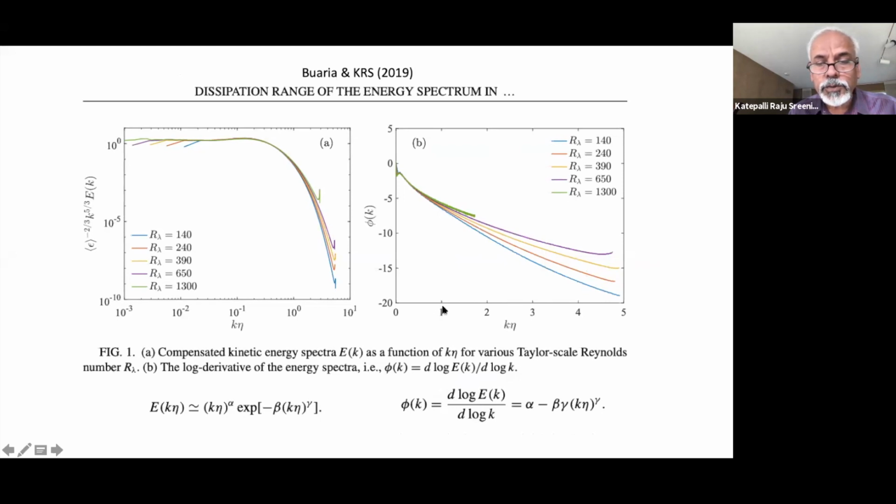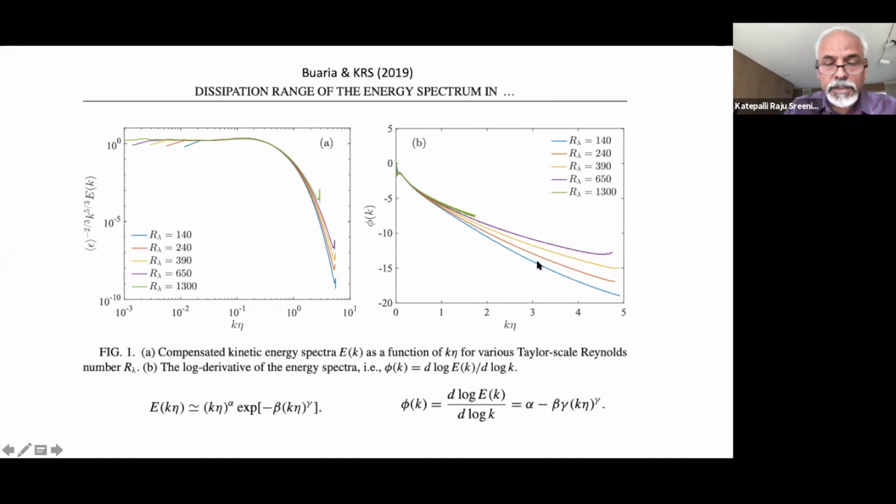The data I showed you previously stop around here, but then you go even deeper into the dissipative range. Instead of collapsing better, they seem to diverge for different Reynolds numbers.